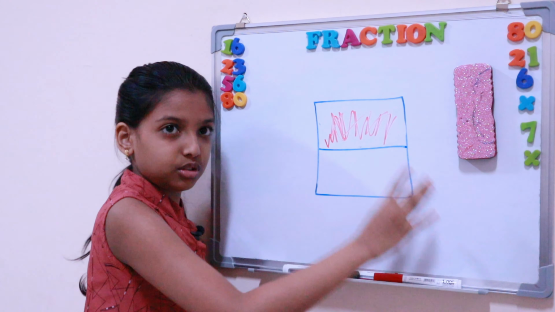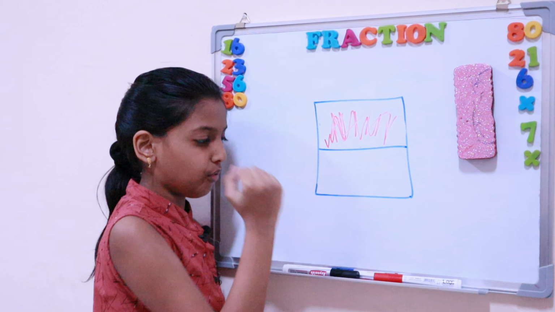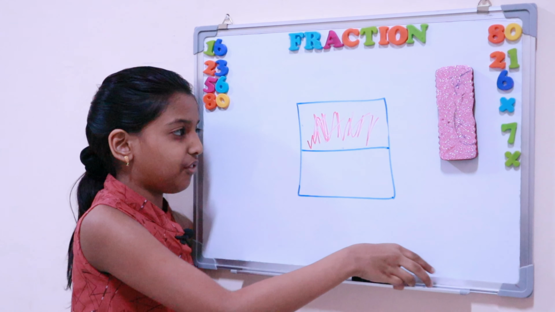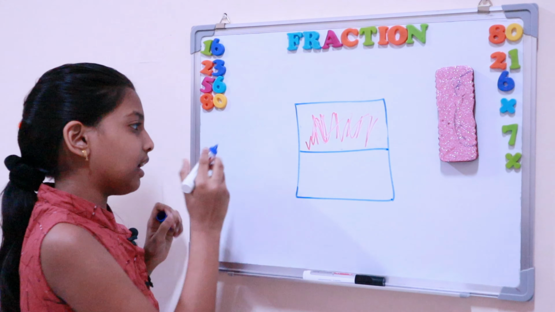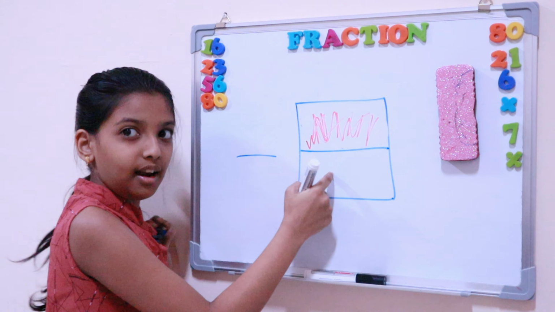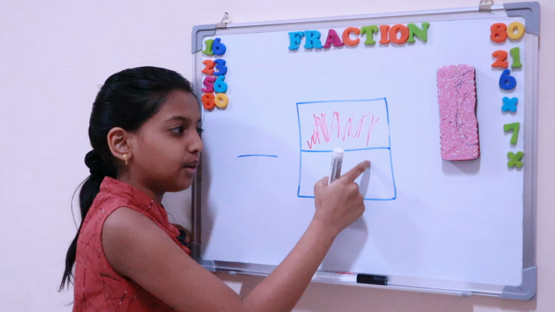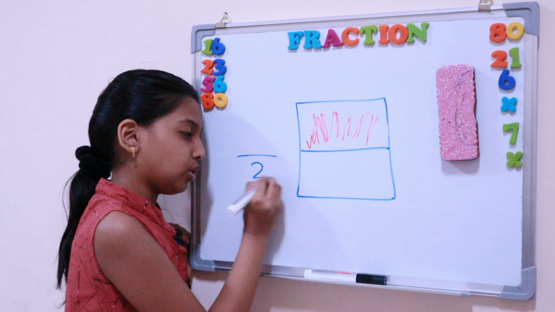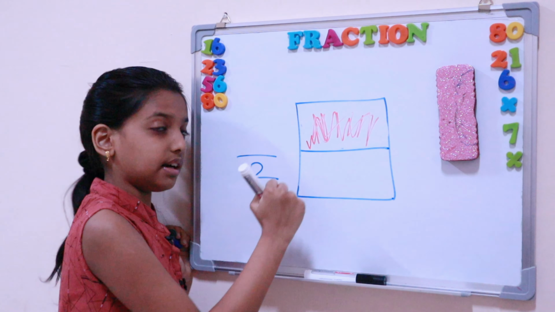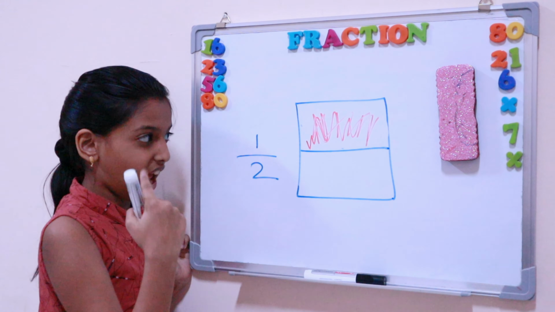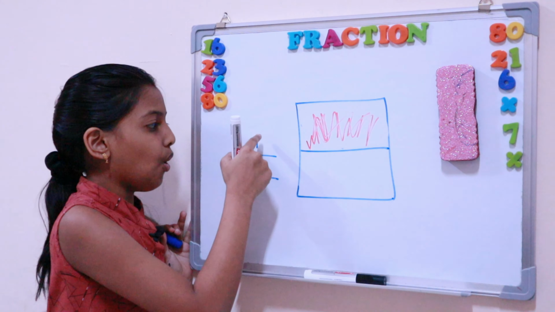The shaded part is called 1/2. Now we are writing the fraction of 1/2. The total number of the equal parts is 2 and the shaded part is 1. So the fraction of 1/2 is 1 by 2.